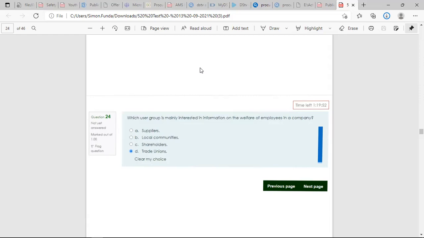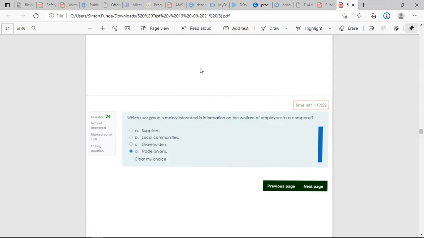Then shareholders. The shareholders are also interested in the profitability of the business. Is the business generating profit from the investment that we have put in the business? Are we able to see profits being generated?